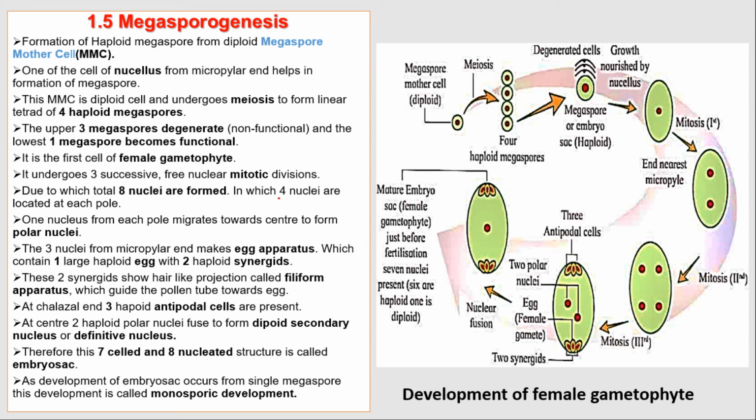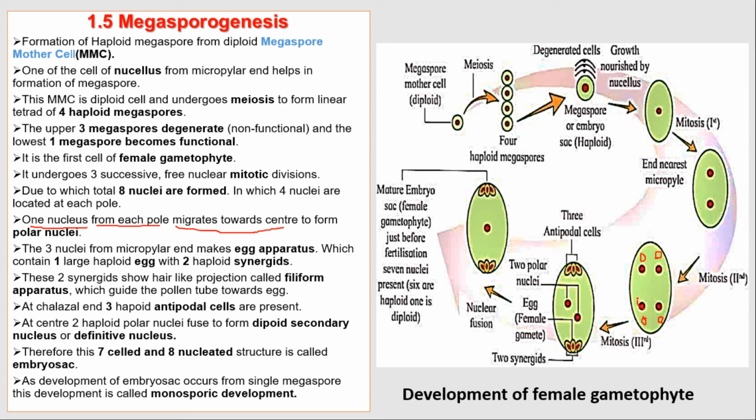Of these 8 nuclei, 4 nuclei are located at each pole, meaning 4 nuclei at the chalazal end and 4 nuclei at the micropylar end. Now what happens is, one nucleus from each pole migrates towards the center.